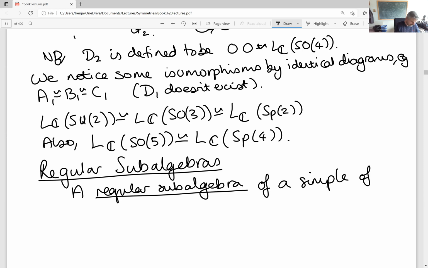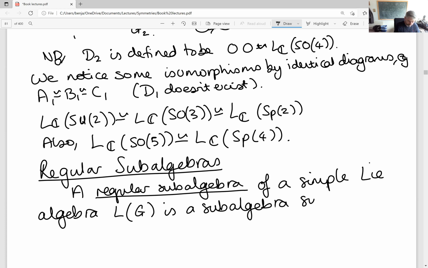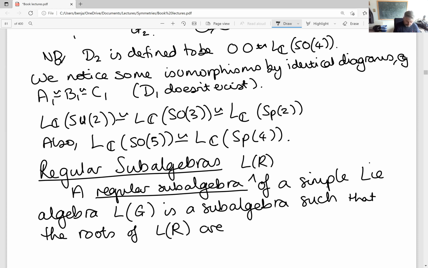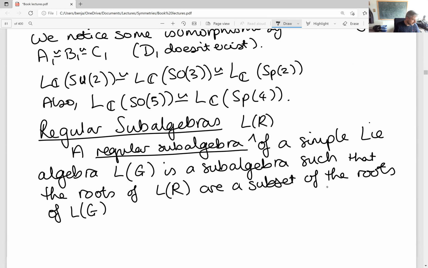So let's take a simple Lie algebra L of G. It has a subalgebra, which we're going to call our regular subalgebra L of R for regular, such that the roots of L of R are a subset of the roots of L of G, and also the Cartan subalgebra is a subset.